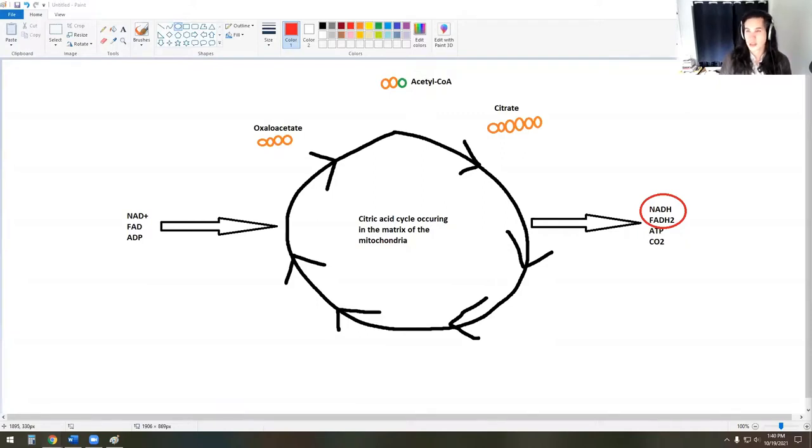And instead, it could only break down things like amino acids. Why do you think that this organism, what do you think is wrong with the mitochondria?